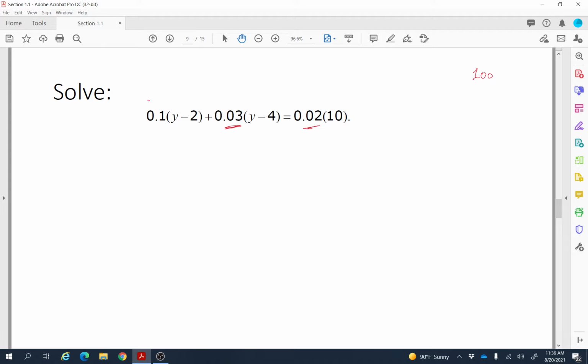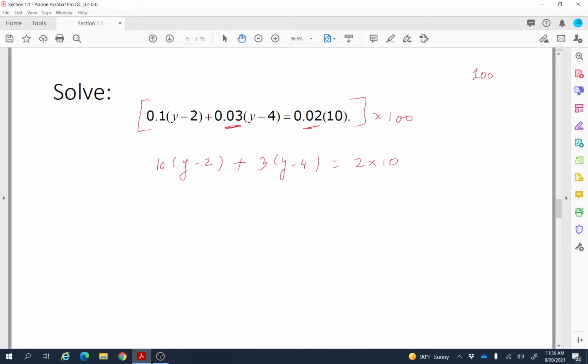If I multiply both sides by 100, the first term gives me 0.1 times 100 is 10, plus 0.03 times 100 is 3, and then 0.02 times 100 is 2, and there is still 10. So look at here, by multiplying both sides by 100, I don't have any more decimals.